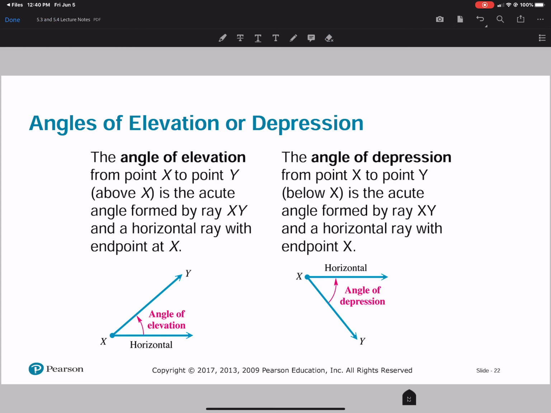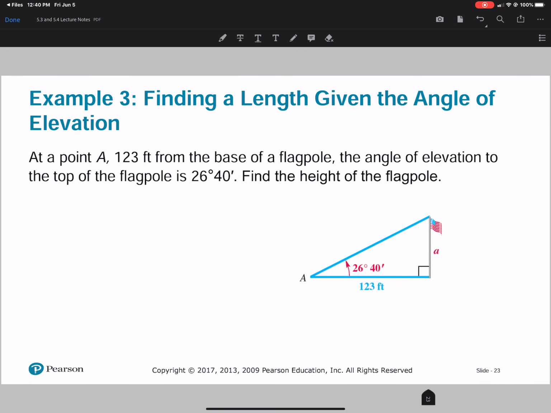So let's look. It says a point A is 123 feet from the base of the flagpole. The angle of elevation to the top of the pole is 26 degrees and 40 minutes. Find the height of the flagpole. We're looking for the opposite side, which is A, and we have the adjacent side.